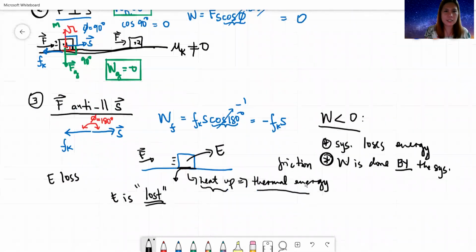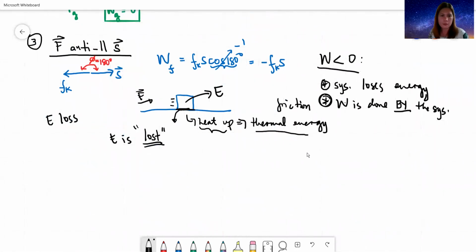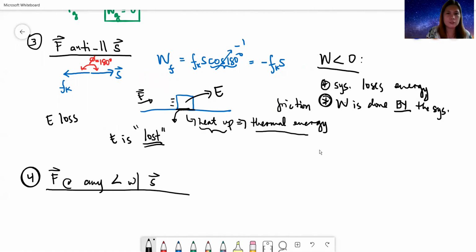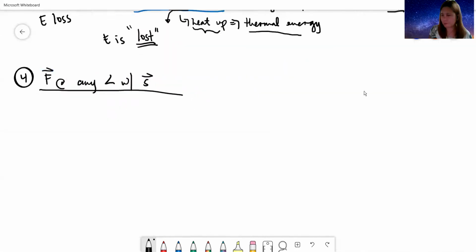The other generic one would be, let's say, F at any angle with S. This can be, for example, tension. Say this is the box, and you tied it to a rope, and then you pull it.